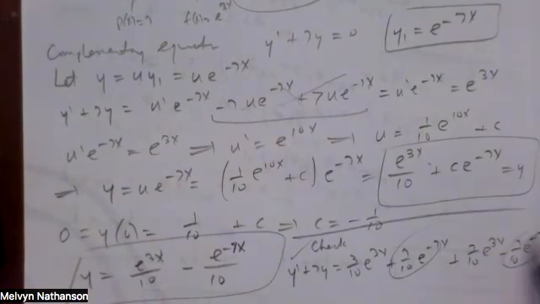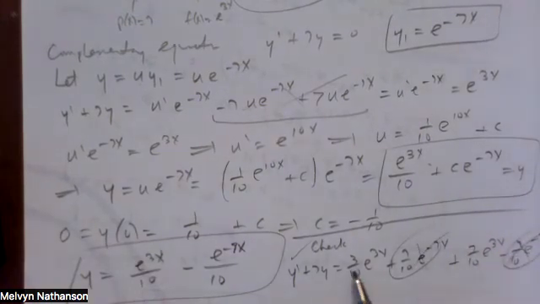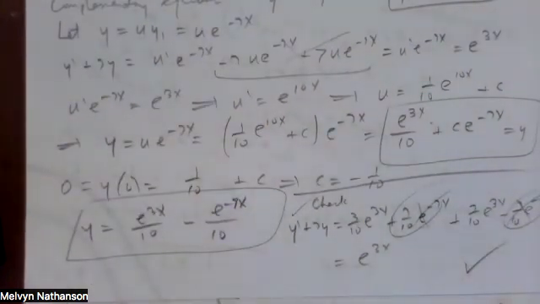The e to the minus 7x terms cancel. 3/10 plus 7/10 is 1. This is e to the 3x. So this does check. Right, any questions about this?